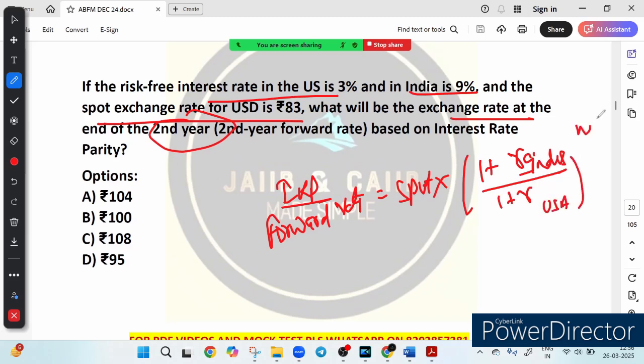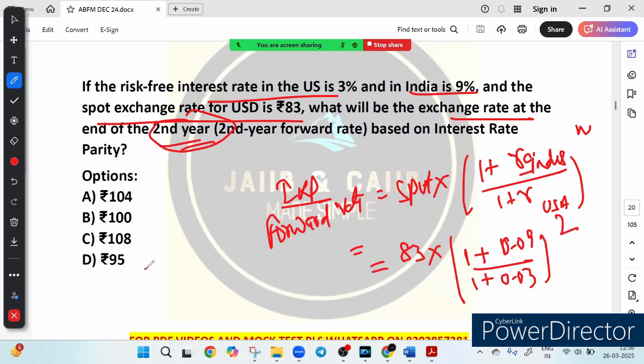Now let's analyze all the options and find the correct answer. First, option A, 104. What is the spot rate? 83. What is R India? The risk free interest rate in India is 0.09, and 1 plus 0.03 to the power n. What is n? n is the second year, so n is equal to 2.